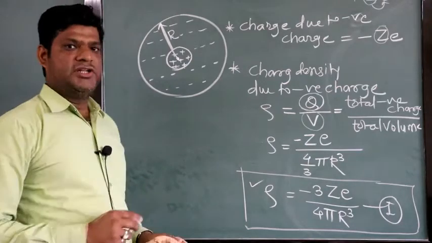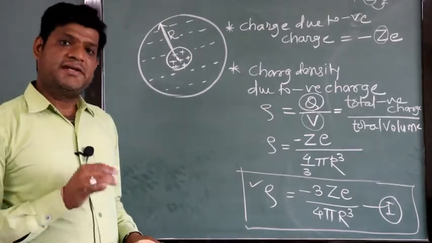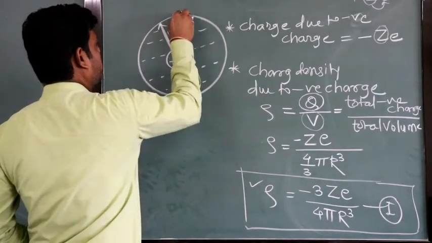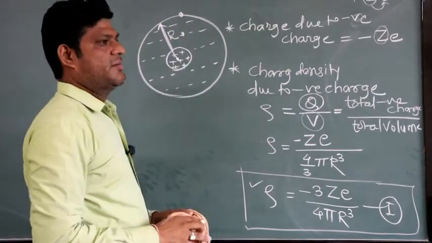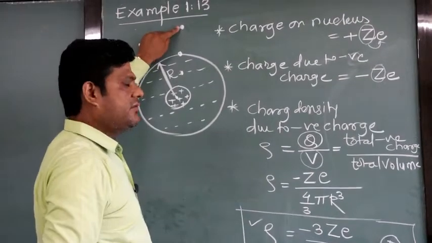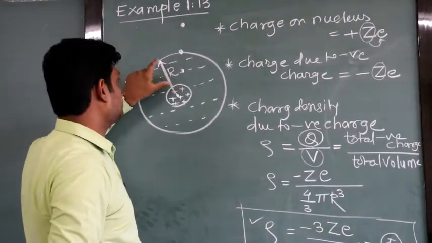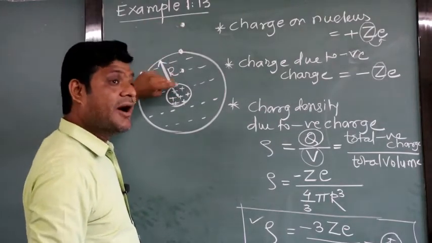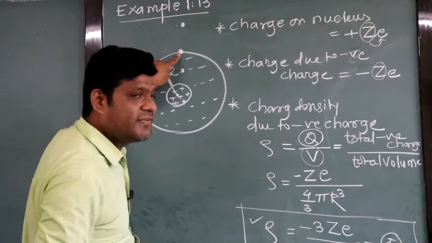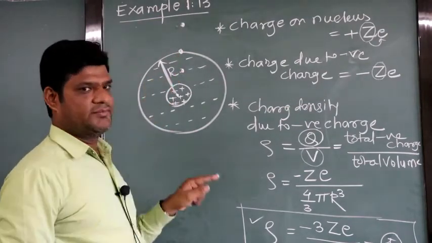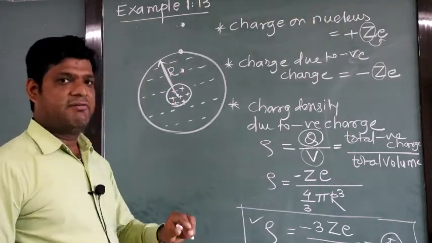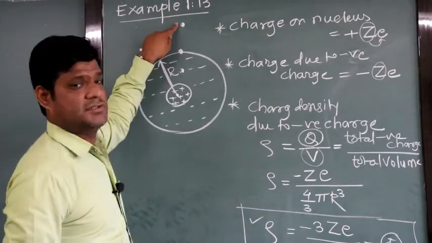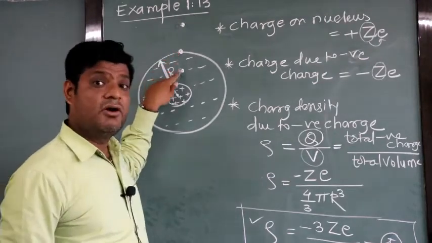Now the question is, what is the electric field at this point and this point? That is, at a point at a distance r from the nucleus, outside the atom, on the surface of the atom, and inside the atom. These are the 3 points, and we have to find the electric field separately at each of them.